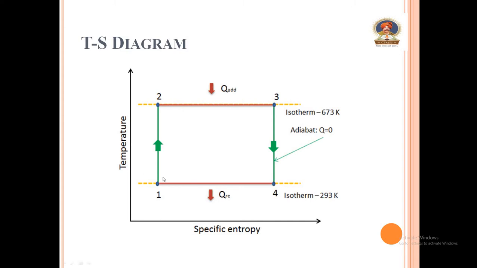In this you can see the green lines 1 to 2 and 3 to 4, these 2 lines indicate adiabatic processes in which entropy remains constant, and 2 to 3 and 4 to 1, these 2 red horizontal lines indicate constant temperature processes in which heat addition, QAD, and heat rejection, QRE, take place at constant temperature.